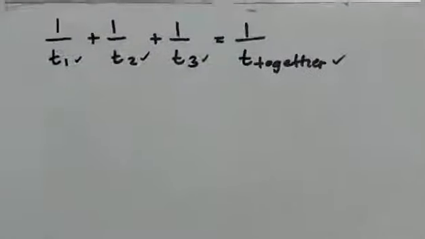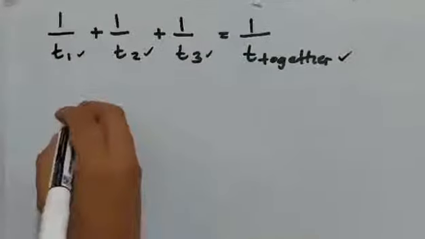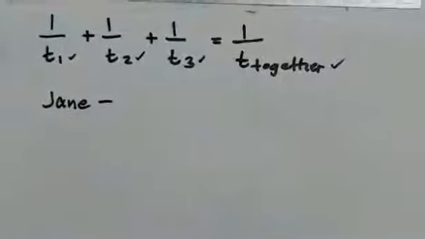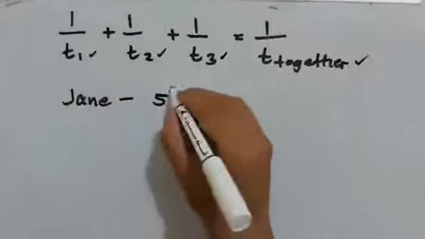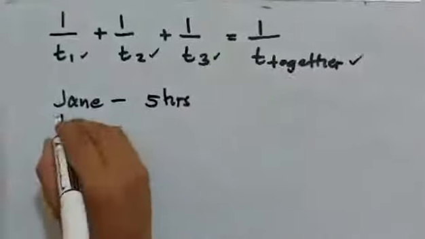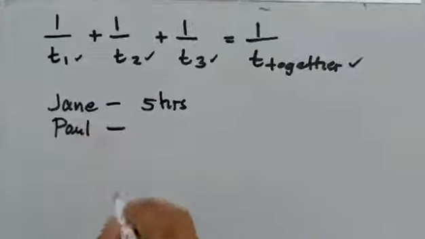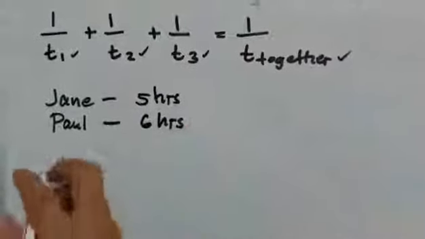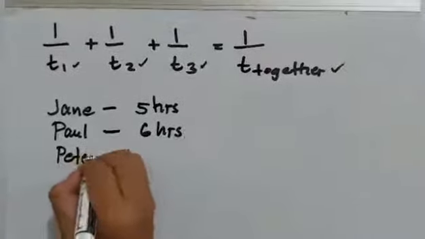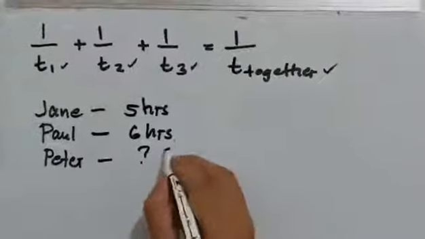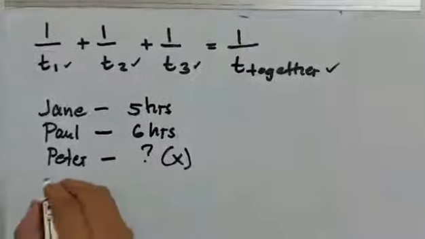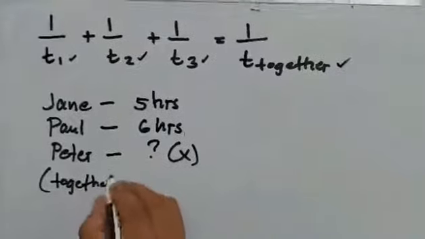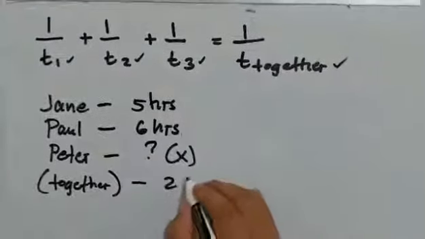Okay, in our case, we have been given that for Jane, it is 5 hours. For Paul, it is 6 hours. And for Peter, we don't know yet. Let's represent it as X. And together, two hours.